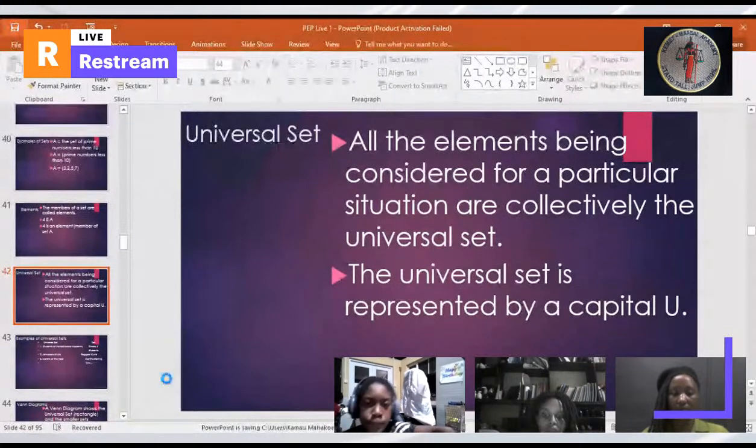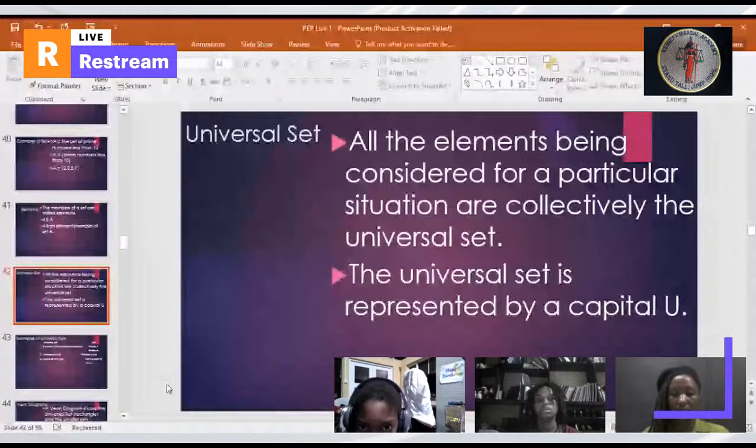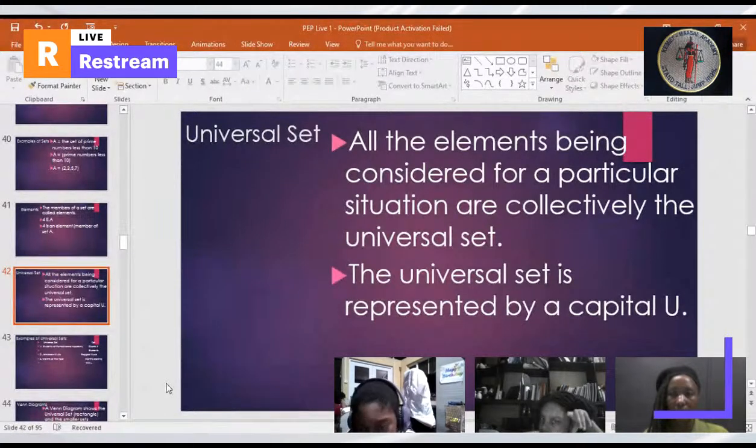All the elements being considered for a particular situation are collectively the universal set. The universal set is represented by a capital U. Remember we said that the set has elements that have at least one thing in common.